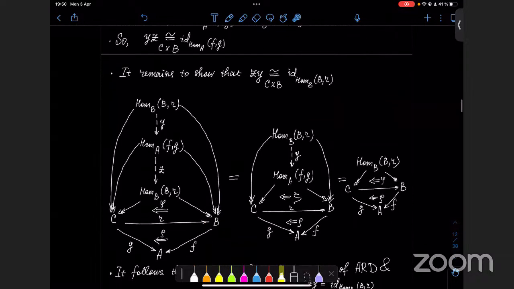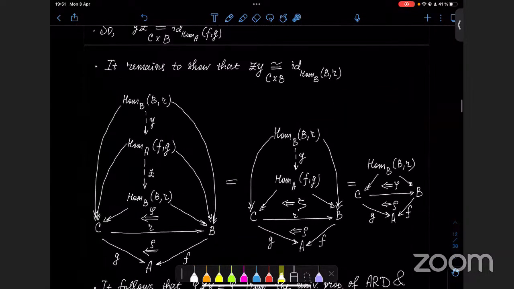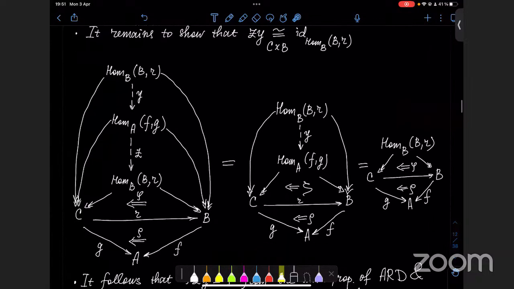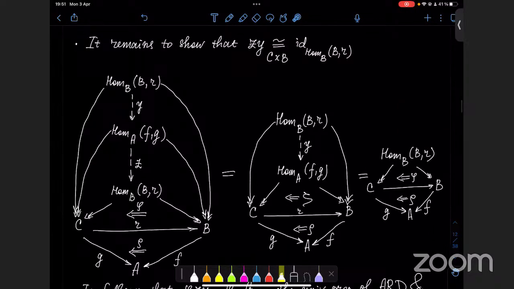In that case, we will move backward, and we will start with this diagram.